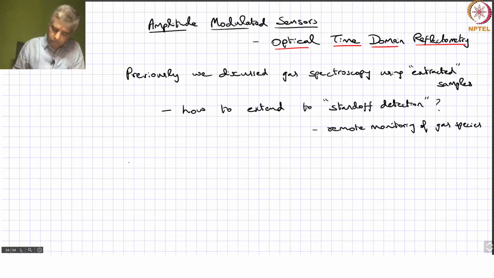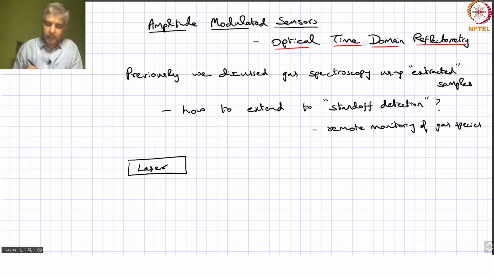Well, for that we typically take, let's say, a laser, right? Because we are trying to shoot this beam over long distances. An LED may not have enough spatial coherence to support sending pulses over long distances.